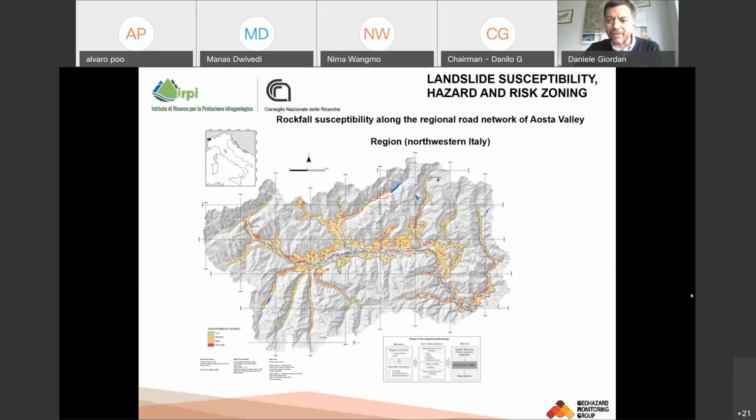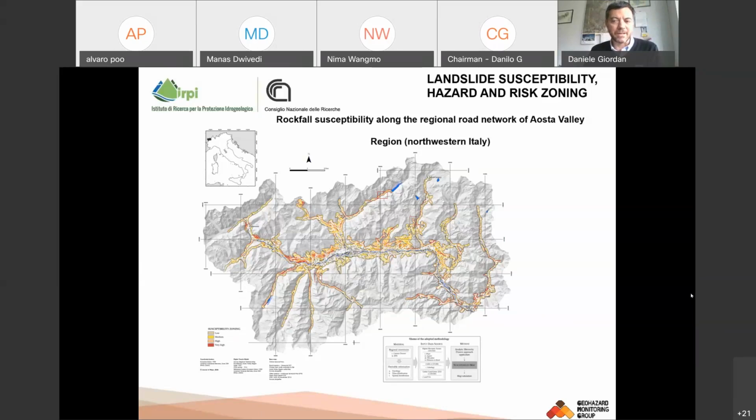What is very hard to do at the regional scale is to create a risk map, because in a risk map you also have to consider the vulnerability, and making a vulnerability map at regional scale in many cases is not so easy, because you have to consider the degree of loss and measure, in terms also of money, or using different parameters, the entity of loss related to the effect of the slope instability at the regional scale.